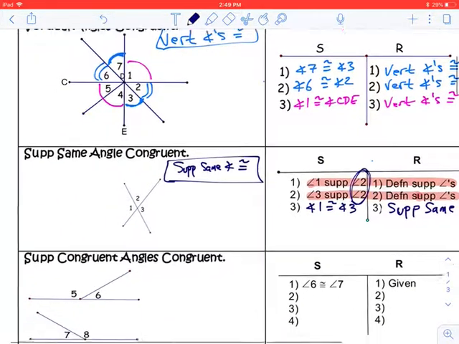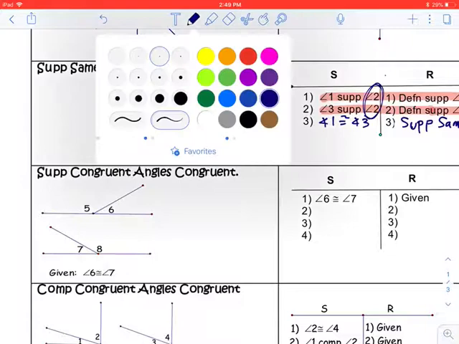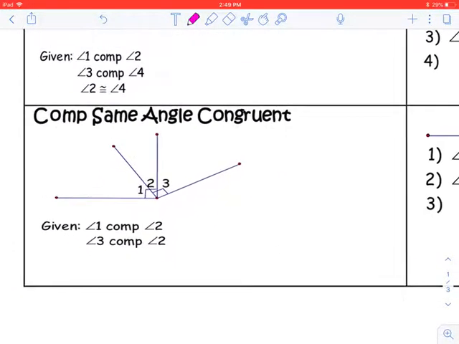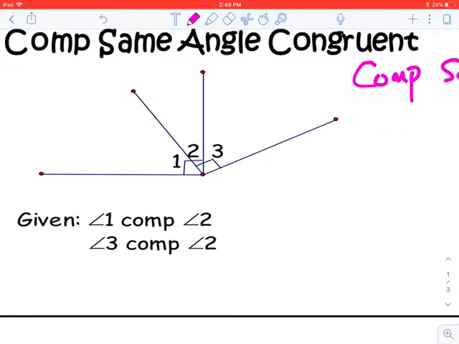So, we're going to skip to the same concept, but for complementary. So, same thing. Complements to the same angle are congruent. So, in this case, 1 is complementary to 2. 3 is complementary to 2.